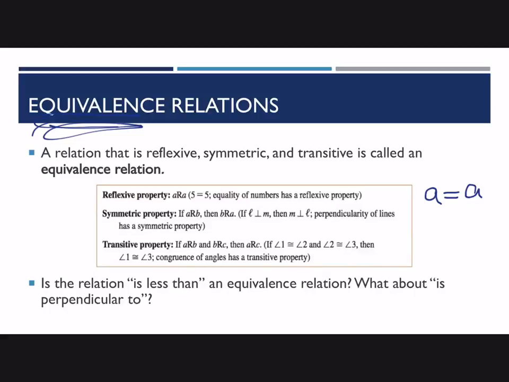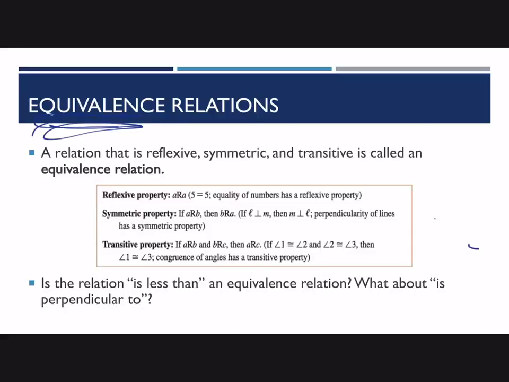Symmetric, we know that if, we'll do numbers this time, if 3 equals 1 plus 2, then we also know that 1 plus 2 equals 3. So it's symmetric. You can flip-flop the two sides, the two statements or expressions on either side of an equal sign. And then the transitive property, we know, like if we know that A equals B and B equals C, then we also know that A equals C. So we can kind of make a chain of equal signs.